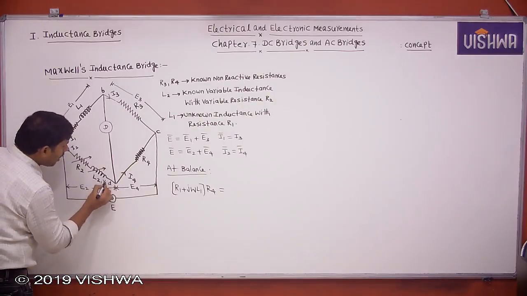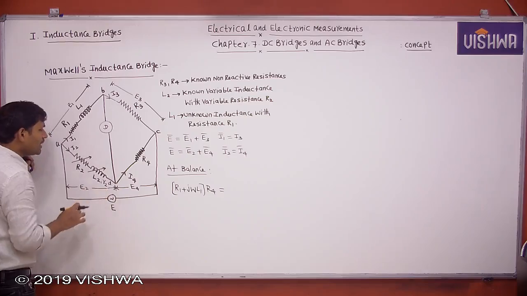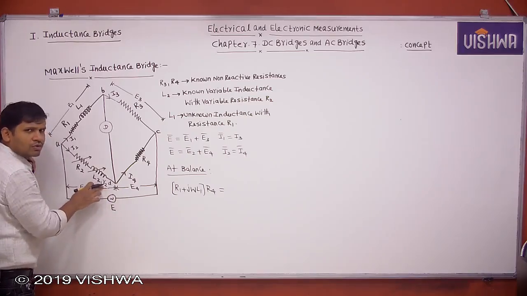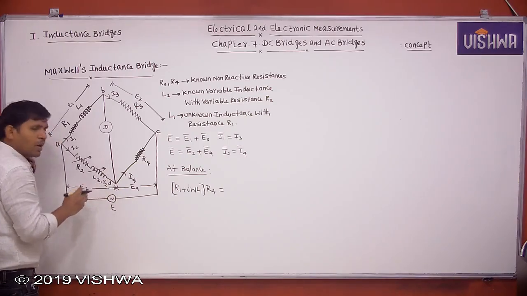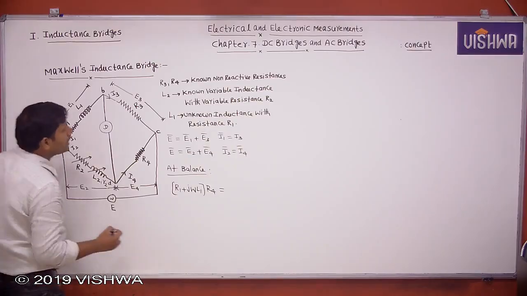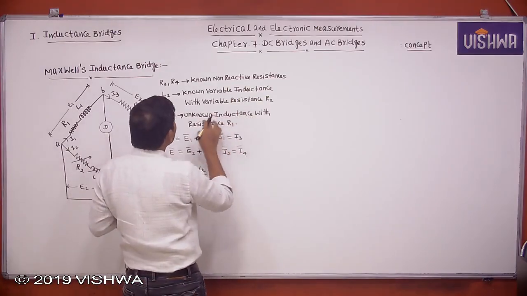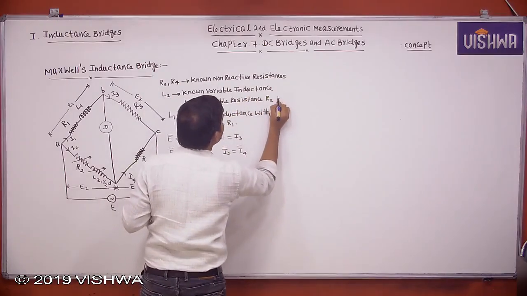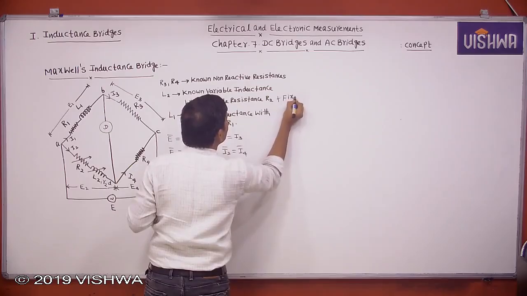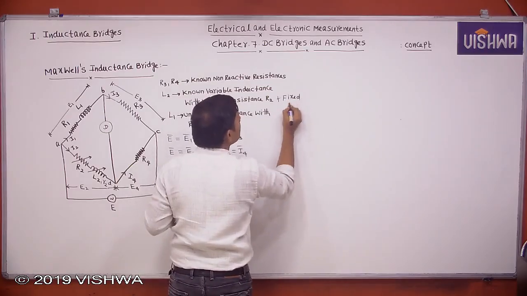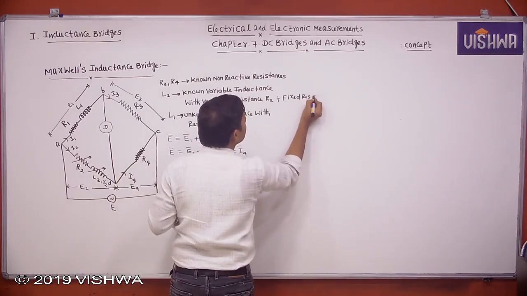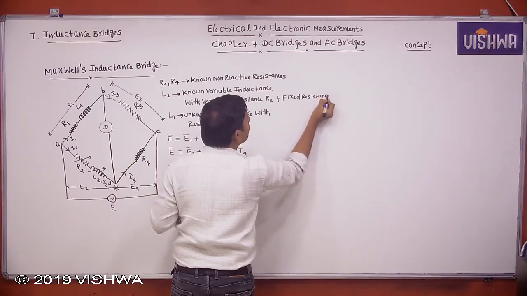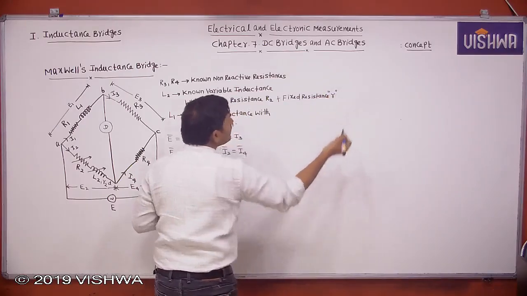You can also take small r2. Some authors consider small r2 also; in some textbooks they are not considering small r2. Where R2 is the variable resistance with the inductance, and small r2 is the fixed resistance. If it is given, you take the fixed resistance also.